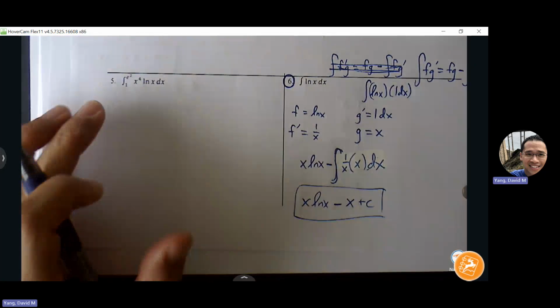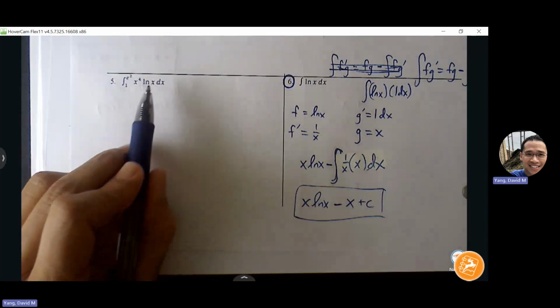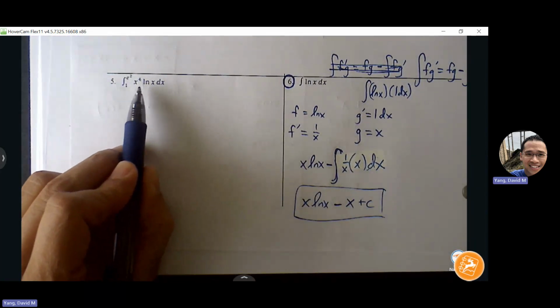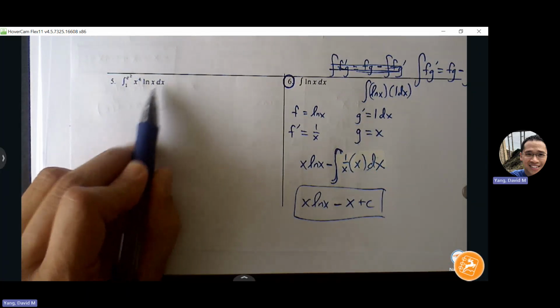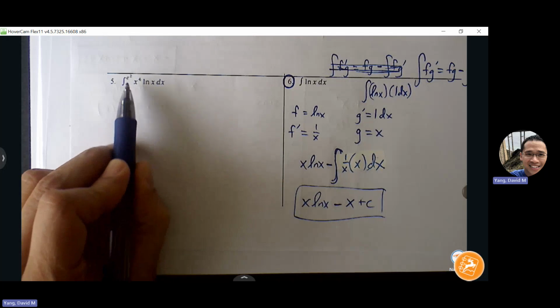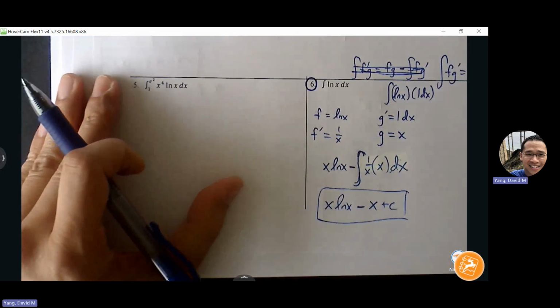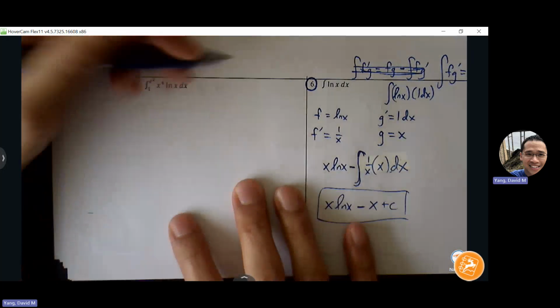Okay, so now let's look at number 5 here, where we're forced into integration by parts. We can't do tab method because natural log is in the problem. But then after we find the antiderivative, we're going to have to involve the e squared and the 1 to get down to our numeric answer.